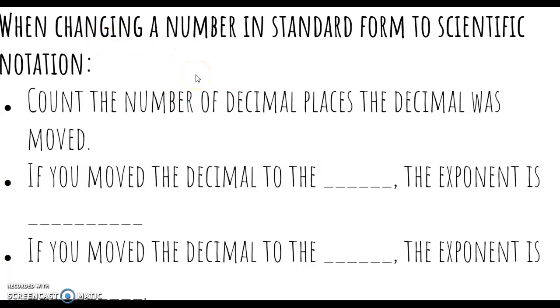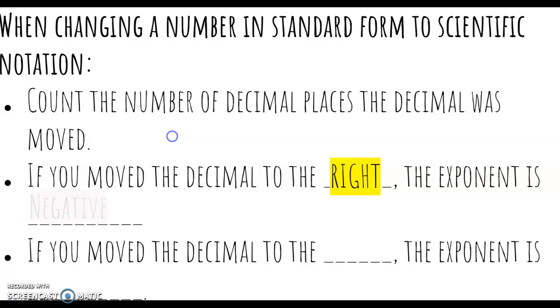When we're changing a number from standard form, so like the number 45, into scientific notation, we need to make sure we count the number of decimal places the decimal was moved. So if we moved it 4 spaces, we need to know that number. If I moved it 1 space, and so on and so forth. If you move the decimal to the right, so if you hold up your fingers, which one doesn't make an L?